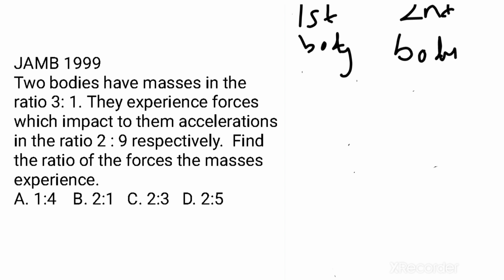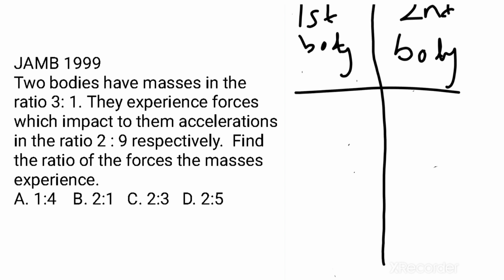So these are the two bodies. The mass for the first body is 3 and the mass for the second one is 1. So mass is given. Let me draw this line so that it will be better. For mass, M here is 3. Remember, masses are in the ratio 3:1 and M here is 1.